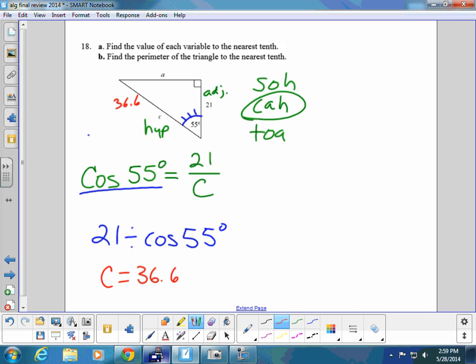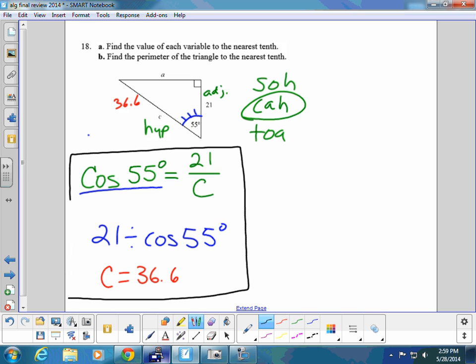Okay, now that was just to find C. So if this is the final exam, that's part of the question. You still need to find A, and it's done similarly. Now A, even though it says A, it's really the opposite. It's the opposite side of the 55-degree angle, because it's across from it.